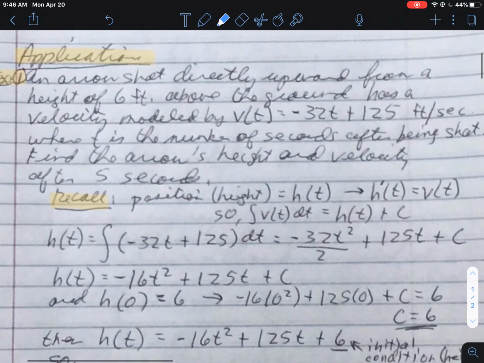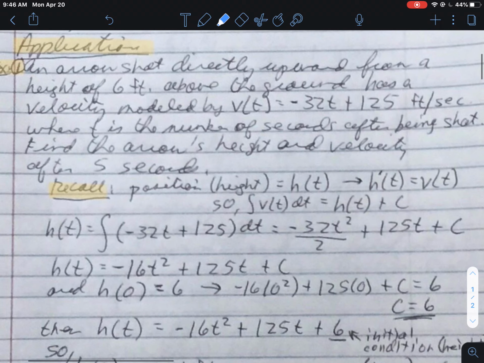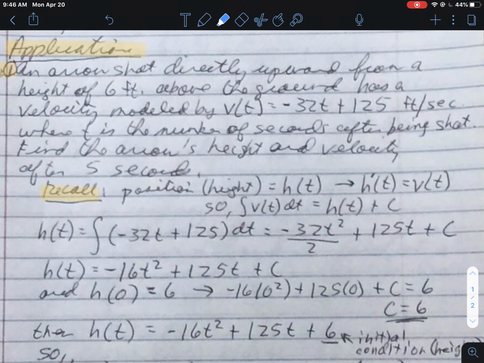All right, applications, we always have applications with this stuff. Again, there are a lot of real-world applications, not just for derivatives, but antiderivatives.